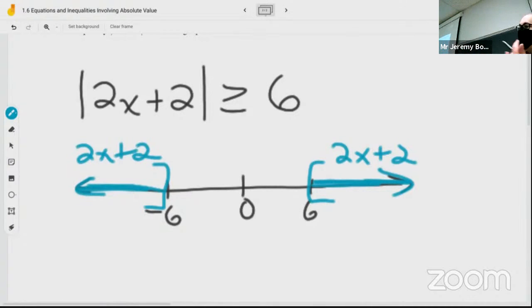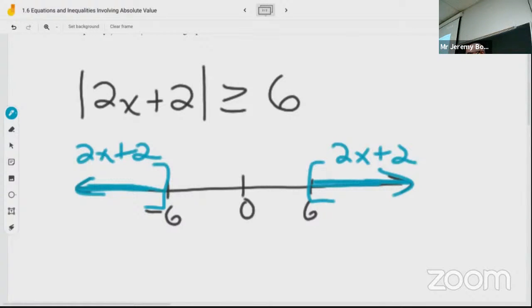So if you end up with two separate regions or two separate intervals, you know it's going to be two separate inequalities. If you end up with one region, one interval, then you know it's going to be a combined inequality.